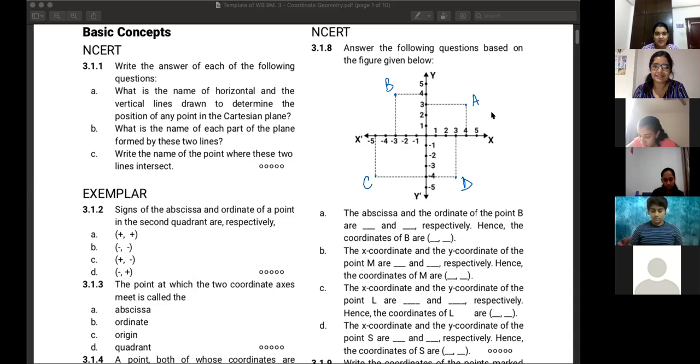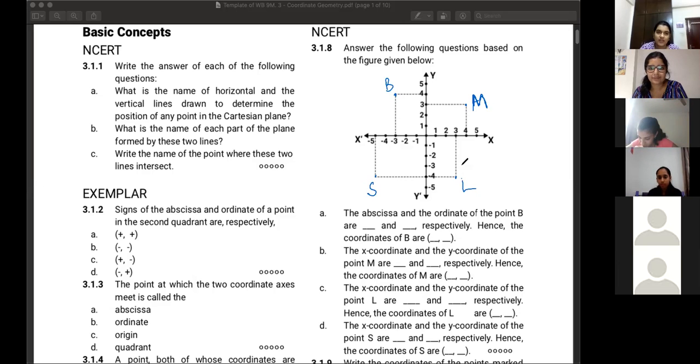Ma'am, which point do I consider M? M. Okay, so the x coordinate is 4 and the y coordinate is 3. So 4, 3. Yes, correct. Swayam, just let me know when you're ready, and then I'll ask you a question.